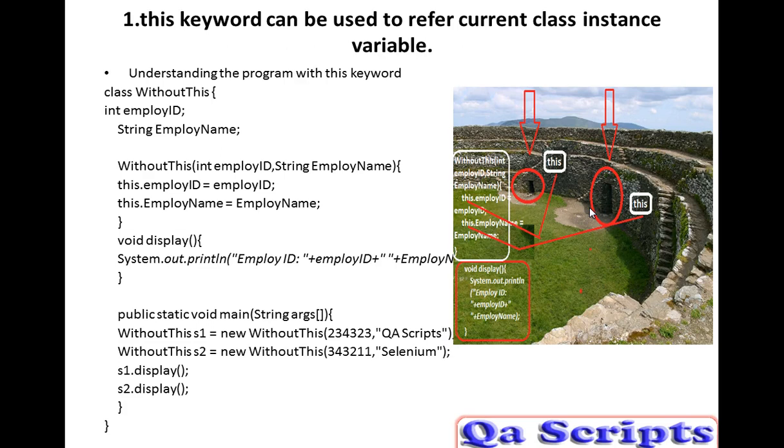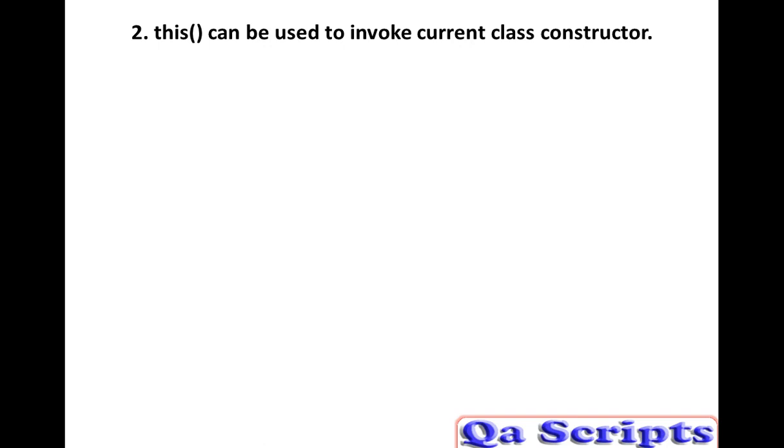So it works as a hole in a fort. Once the data comes into this fort, that data can be used by any other methods which are present inside that particular class. Like this, you can use this keyword in Java.